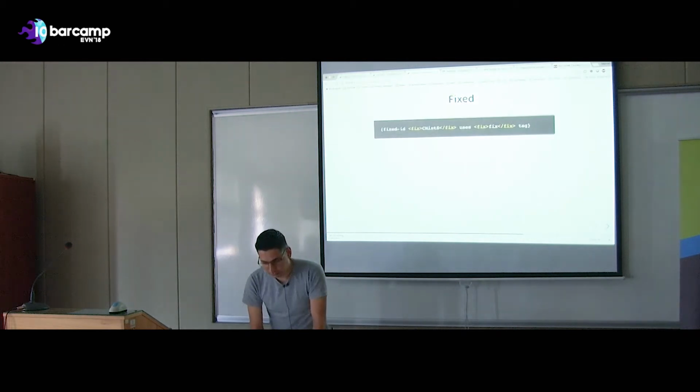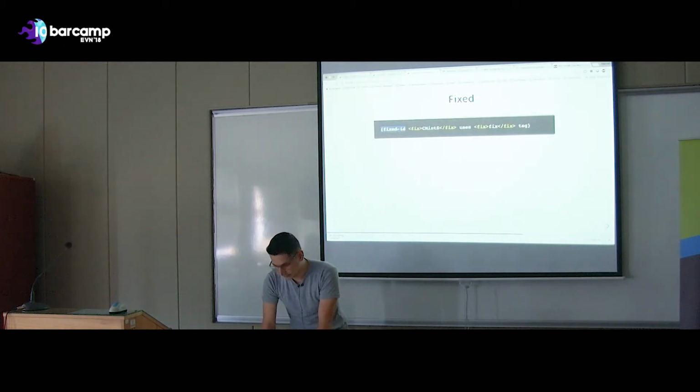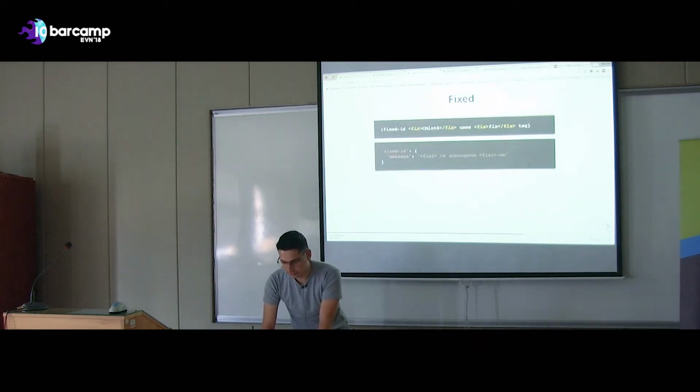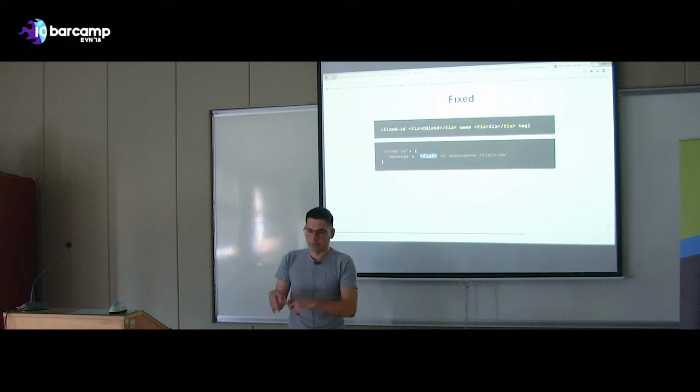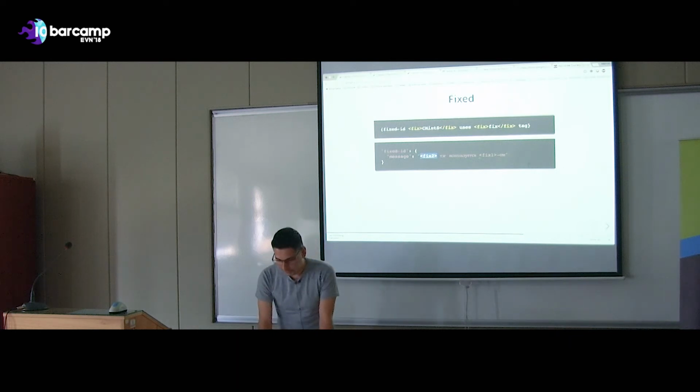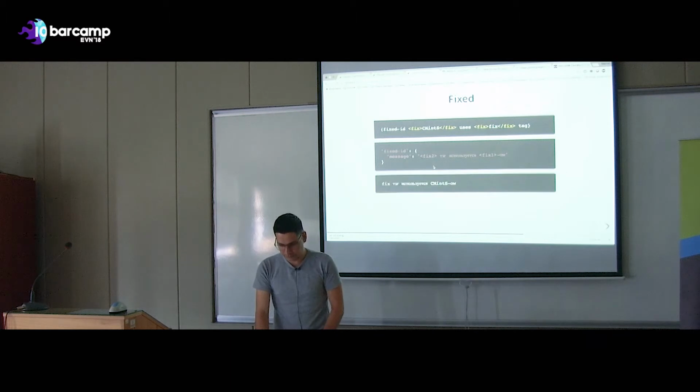I again tend to use similar syntactical sugar when I'm just specifying the ID, and imagining it's a source string with fixed tags, I can shift them. This has one disadvantage, that you cannot specify the name of the fixed tag, but for my use case, it's enough for me. But that's something you might also want to take into consideration.